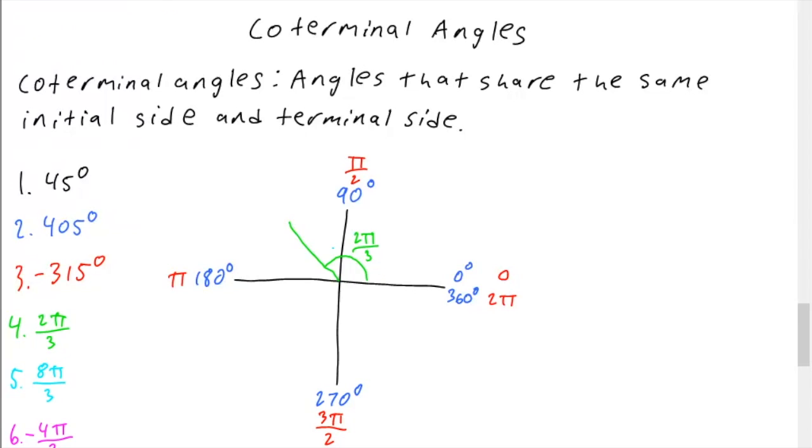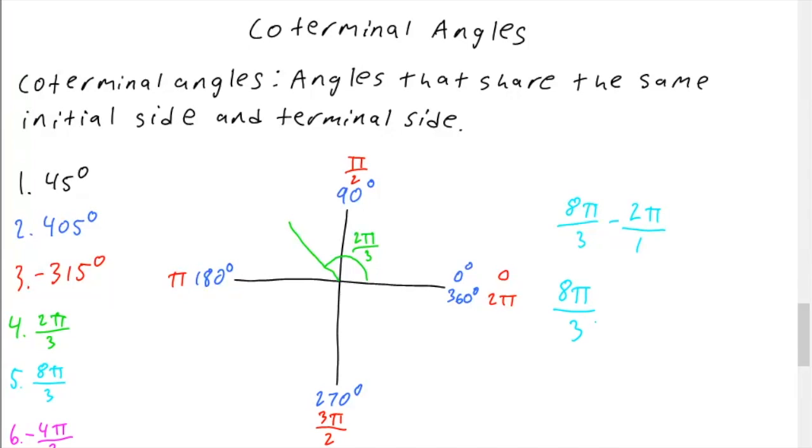So the same thing we did with degrees, we need to take the 8 pi over 3 and minus 2 pi. Well, first we'd have to turn it into a fraction, 2 pi over 1. So 8 pi over 3 minus 2 pi over 1.